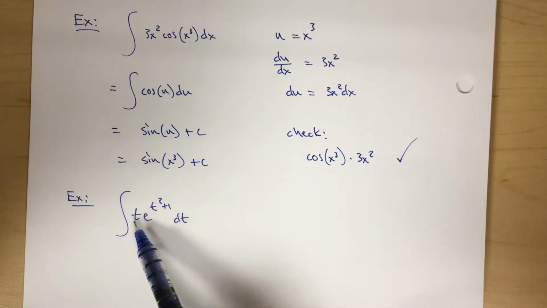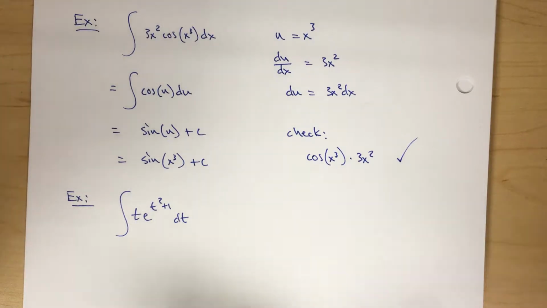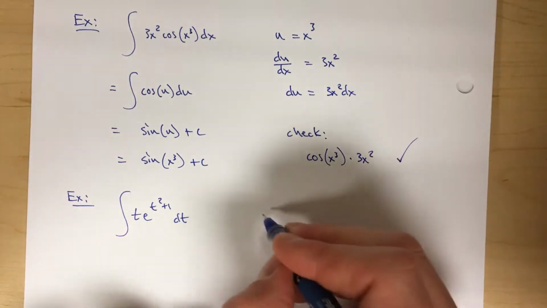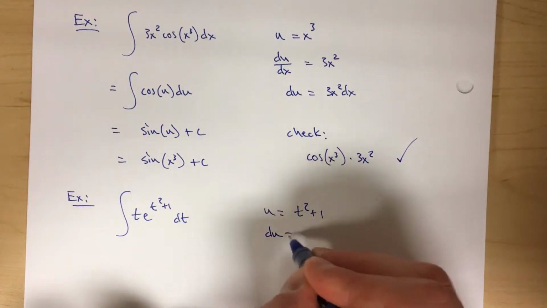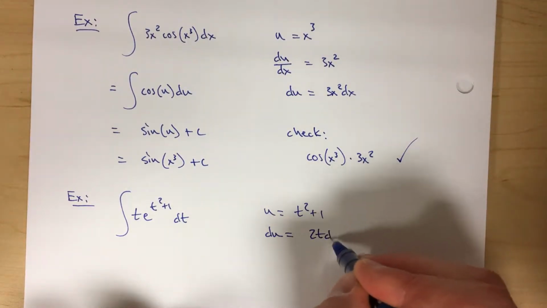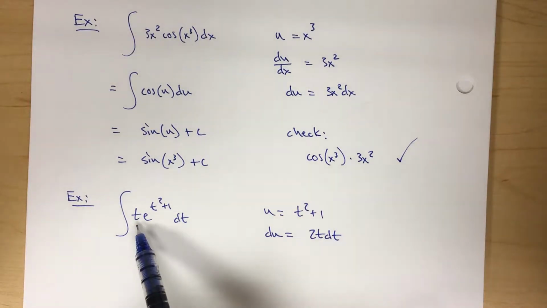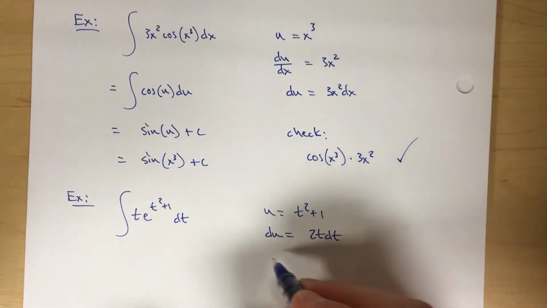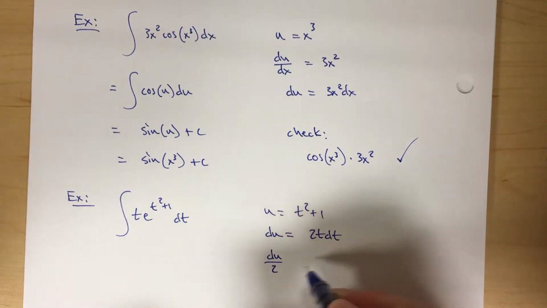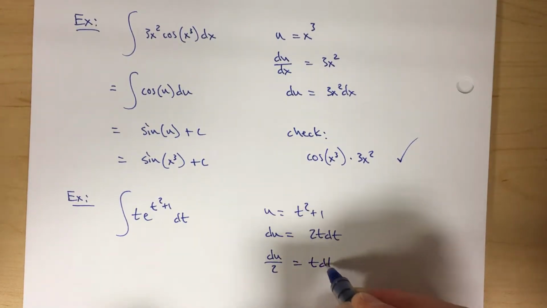It doesn't have to be exactly the same, as long as some multiple of that derivative shows up here. So let's let u be t squared plus 1. Then du is simply 2t dt. Now, what I have is not 2t dt. I have t dt. So, fine, I'll simply divide both sides by 2 to get t dt.